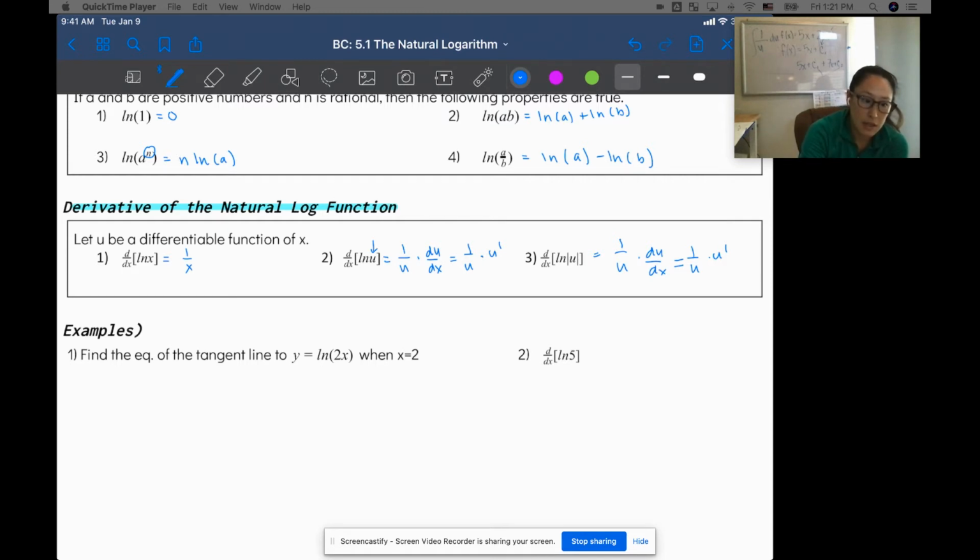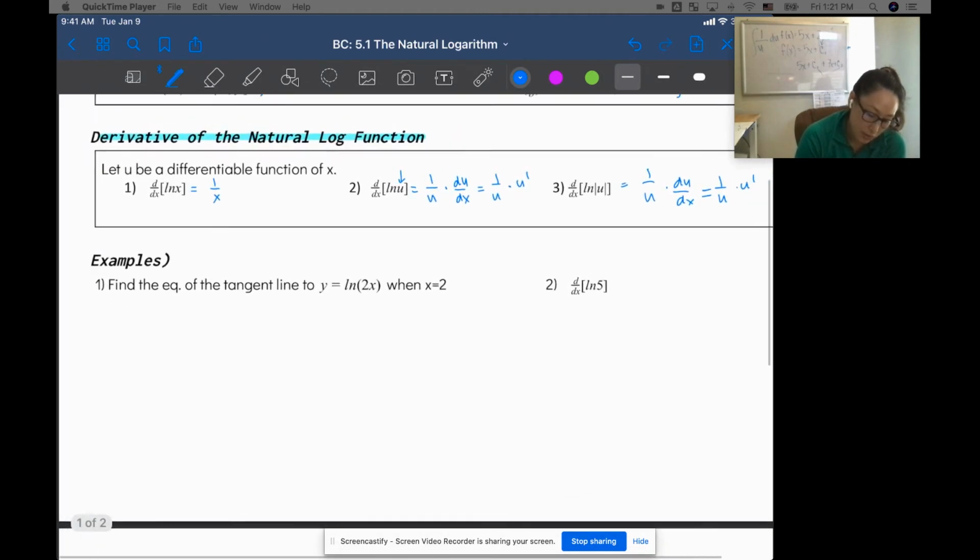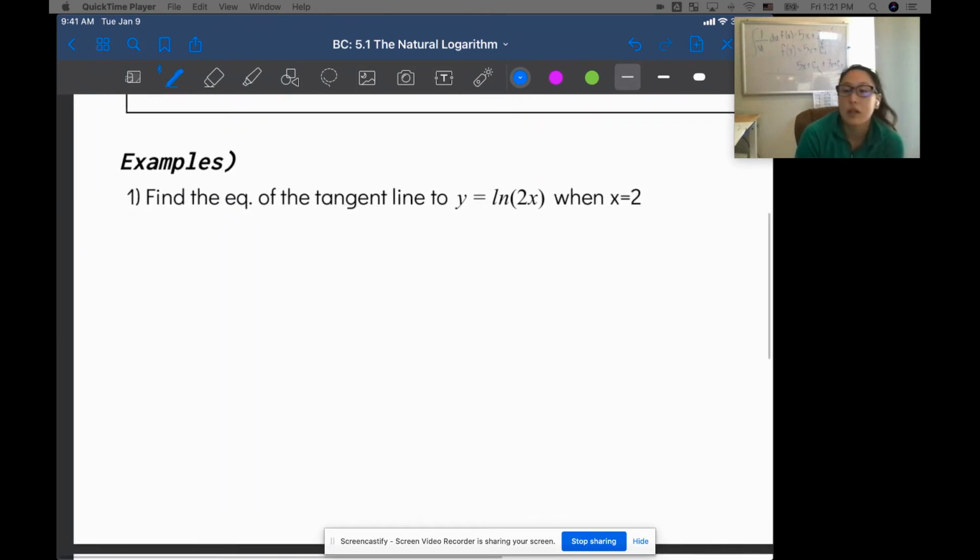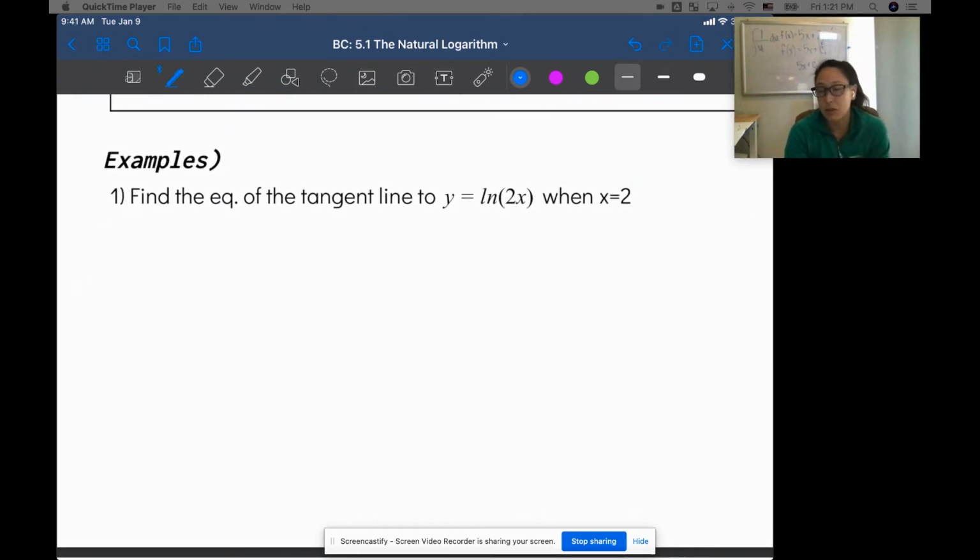So we're going to find the equation of the tangent line to y is equal to the ln of 2x when x is equal to 2. The slope of the tangent line means we're going to have to get the derivative. So let's take the derivative of y. We'll get y prime is equal to the ln of 2x. The 2x is the u.